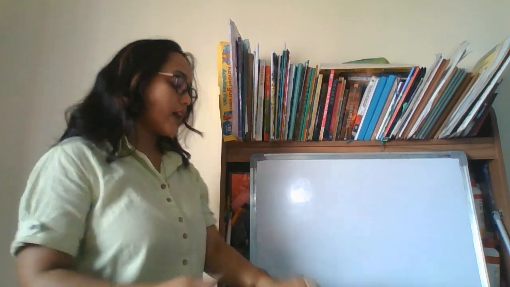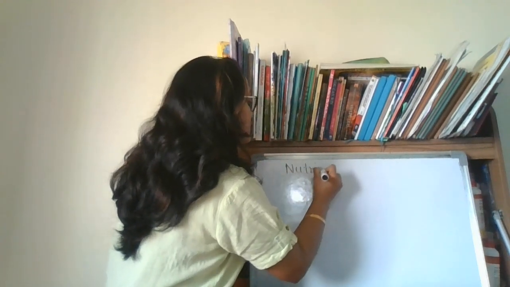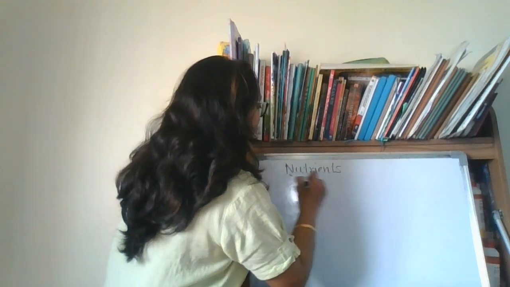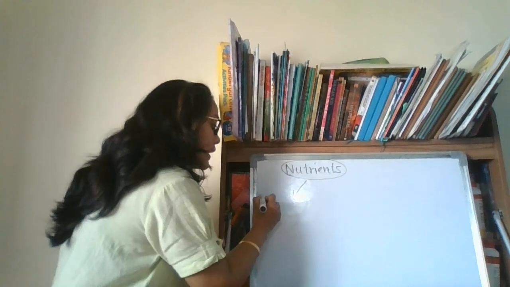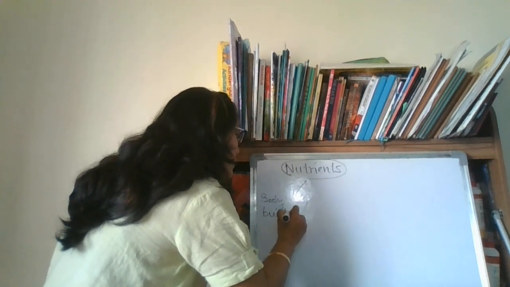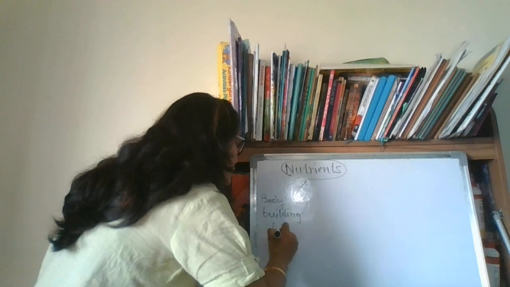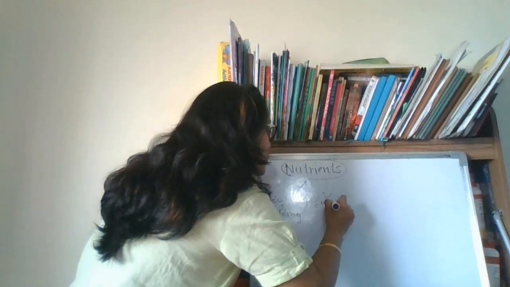Done? So let's have a look. First we'll write nutrients, and these nutrients are categorized into number one, bodybuilding food. Number two, energy giving food.